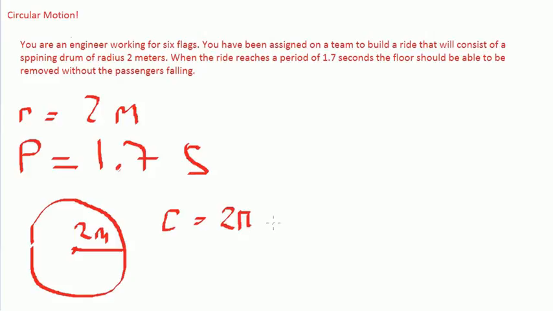We're going to set pi equal to 3.14 in this case, and we know that our radius is equal to 2. So that's going to be equal to 12.57 meters. That's the circumference we're going to be working with here.